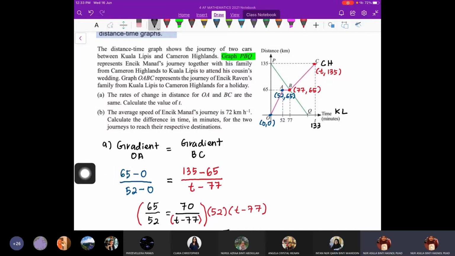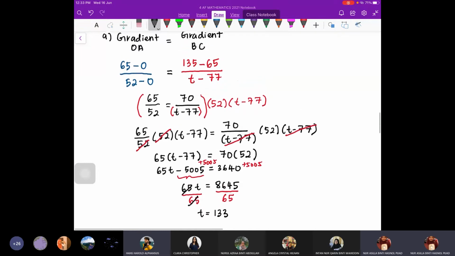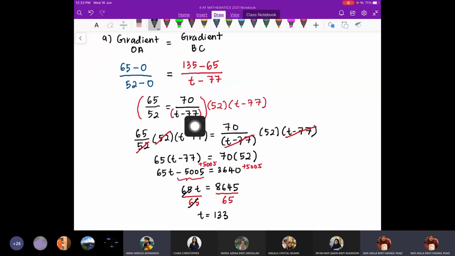Alright, is there any questions? Miss, kenapa mau kasih keluar denominatornya, Miss? Sebab saya nak t kan. Bukan keluar tau. Bukan keluar. Ni darab.